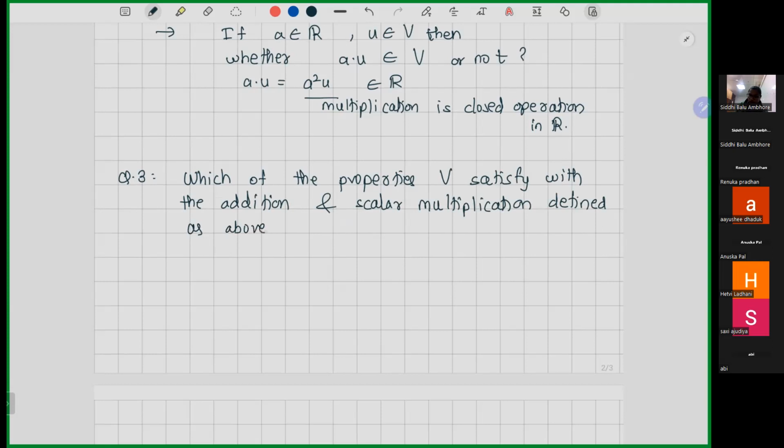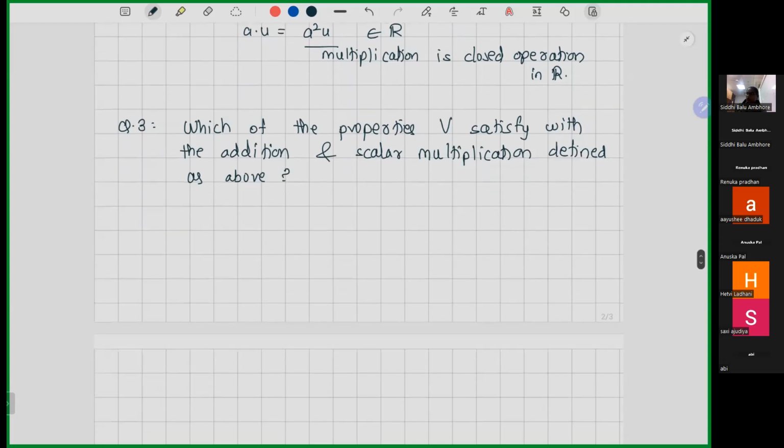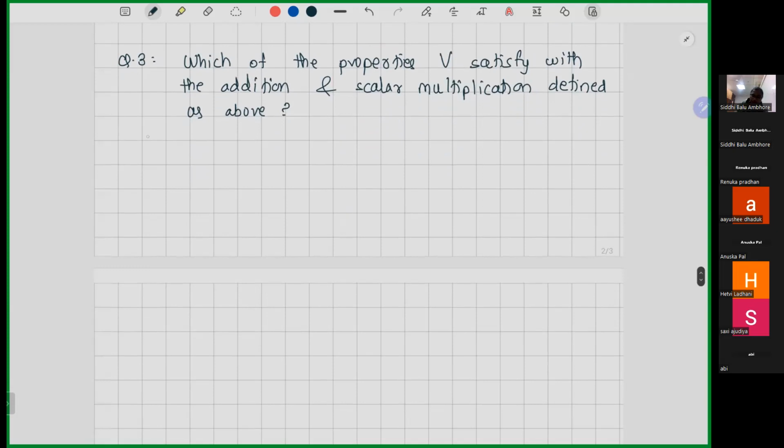There were 8 properties given for a set to be a vector space or not. So we would like to check whether those properties are satisfied by this V under the addition and the scalar multiplication we just defined earlier. Okay, so we will start with property 1. So what is property 1?